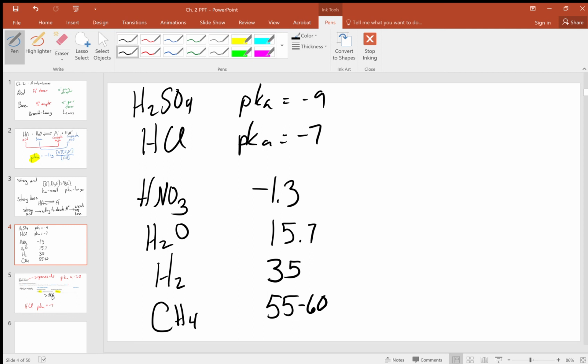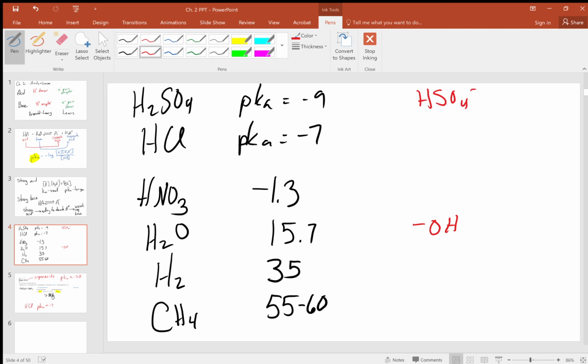And the same thing is true for bases. So if we look at the conjugate bases here, HSO4 minus coming from a strong acid is a very weak base. Hydroxide, which comes from a weaker acid, water, is a stronger base.